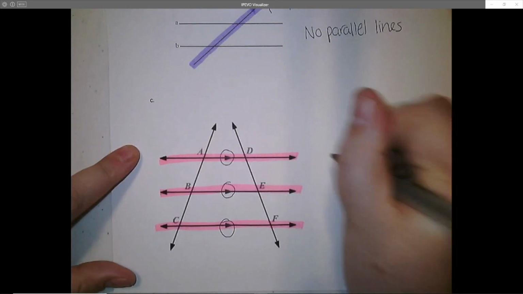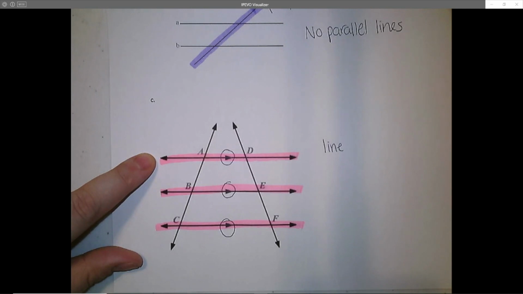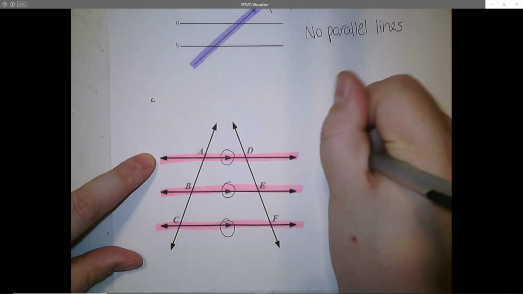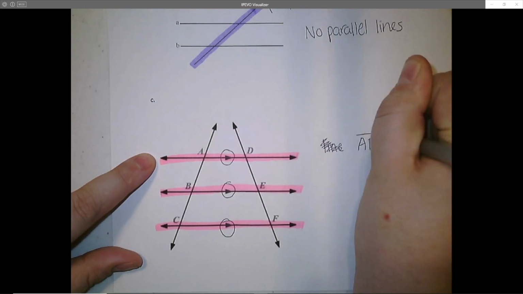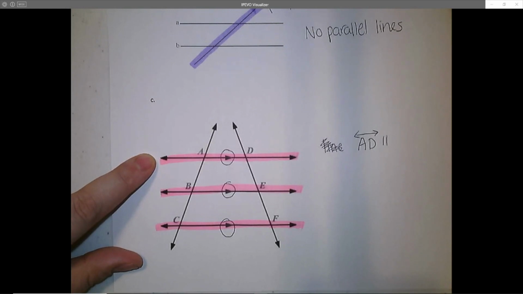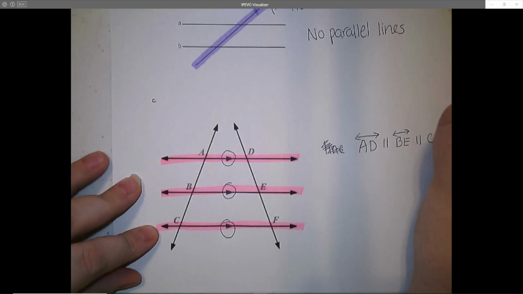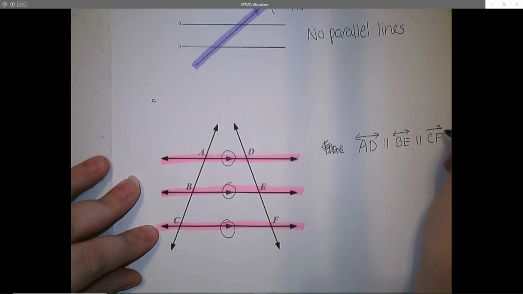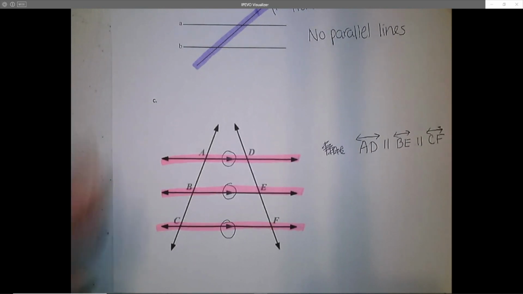So, really I have line, I can't name it by a line. There's no script. I have to name them AD, 2 points with a line symbol above, is parallel, what looks like 11, to BE, and also parallel to CF. There are my parallel lines. All 3 of them are parallel.